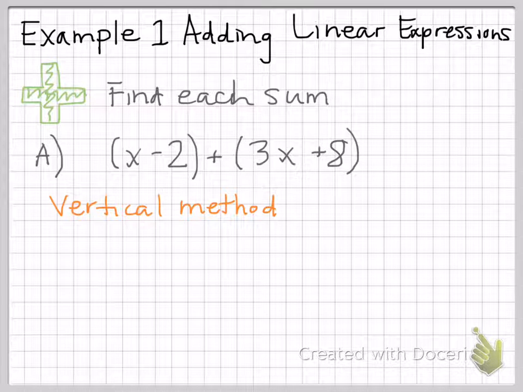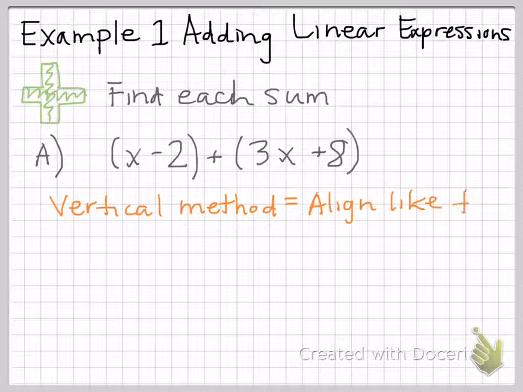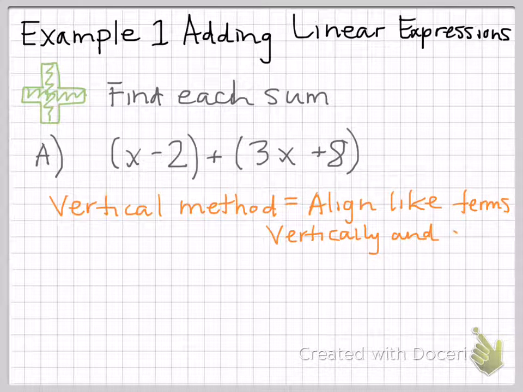And the rules for that are to align, that means to put in a straight line, stack them on top, align like terms vertically and add. So just like when you do a regular addition problem that you learned when you were younger, you're going to do the same here.